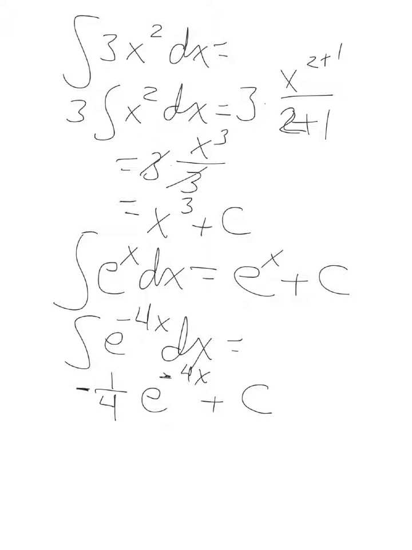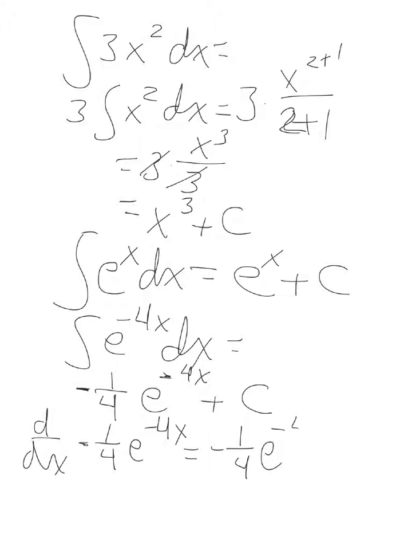So how do I know? Well, you can always get your answer and take the derivative, and if it comes out to what was originally in the integral sign, then you know you've done it right. So for instance, if I take the derivative with respect to x of minus 1/4 e to the minus 4x, then the constant sits out in front.